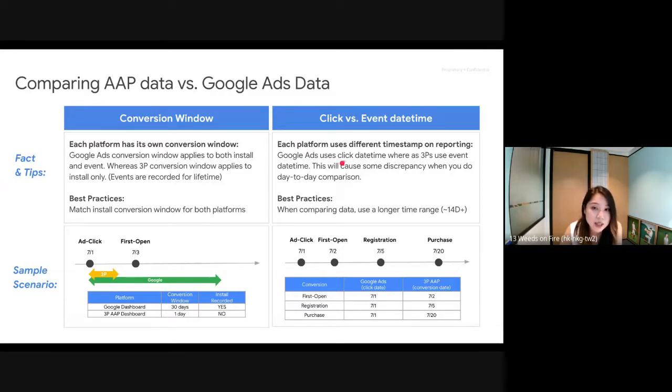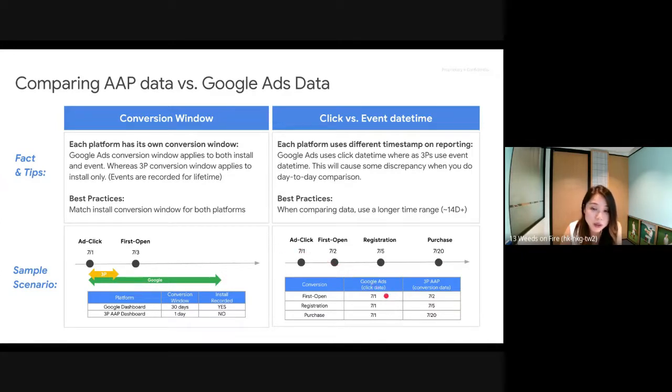For Google Ads, we will show that conversion whenever the user clicks on that ad. However, the third parties usually use event date time. So for example, if July 20th is when the person actually purchased, the conversion in those MMPs might show on July 20th. However, from Google Ads, we will show it on July 1st.